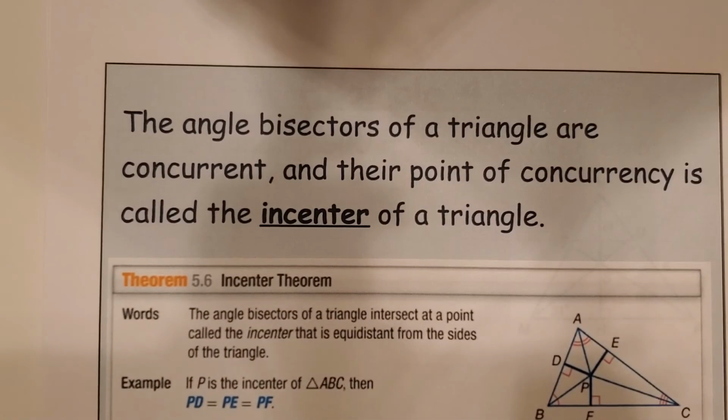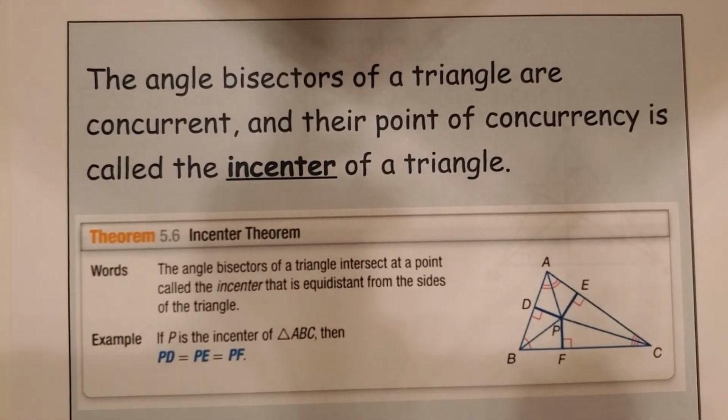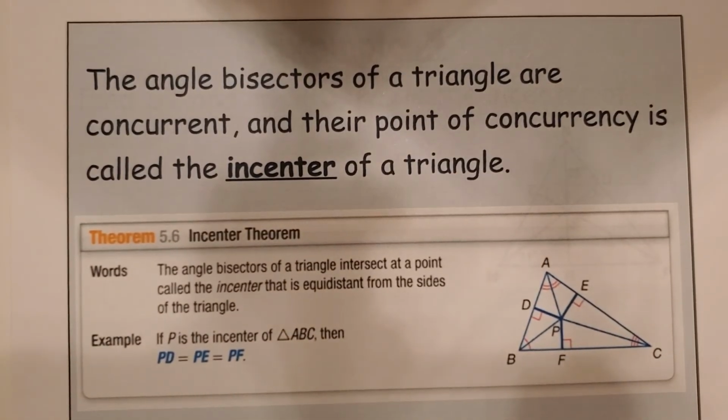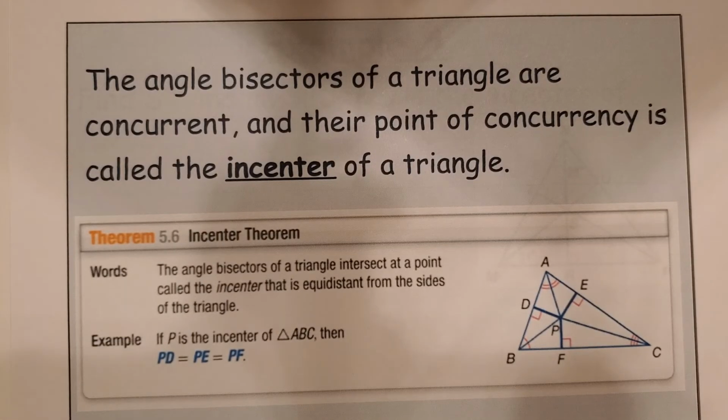All right. There is also a point of concurrency for angle bisectors. If you draw all 3 angle bisectors within a triangle, they're going to intersect at this point, which is this time called the incenter. All right. And the idea now is different in terms of how the incenter relates to the entire triangle.